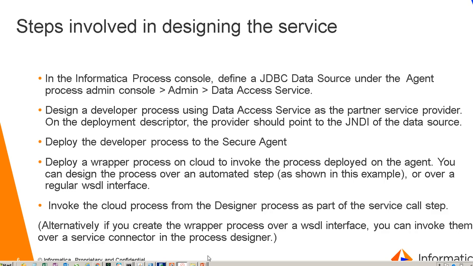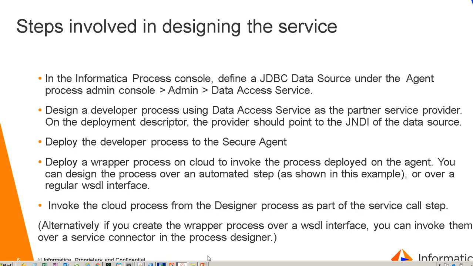Then you have to create an Informatica Process Developer process, which is a people process, which uses the Data Access Service as the partner service provider. Once you finish developing that, you would need to make sure that you're pointing to the JNDI of the data source that was created as part of step 1.